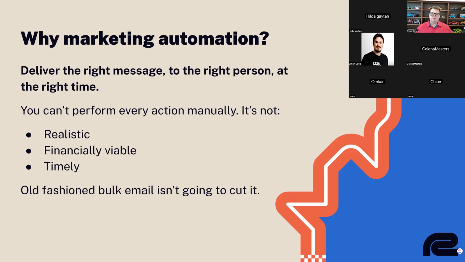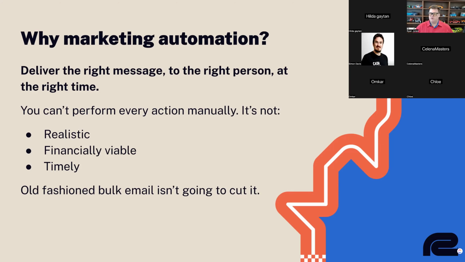And you're also not able to do every action in a timely manner. With marketing automation, you can do it when the user is doing it. But if you're not automating marketing, you don't have that option, unless it's a slow day, I guess.